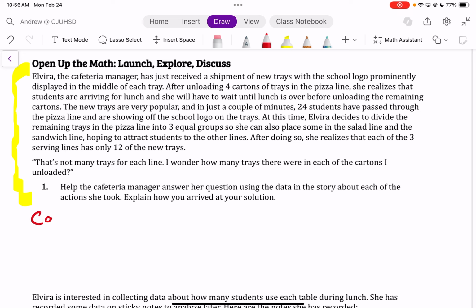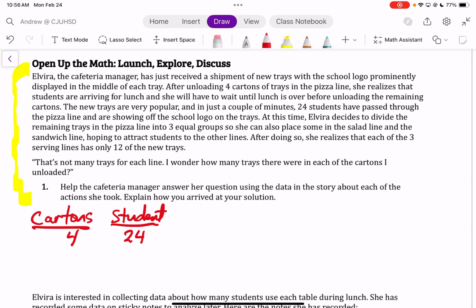There are 4 cartons. So I'm just going to make a few labels here. 4 cartons, and there were 24 students. Now, they didn't use everything out of those cartons. There are some left in there, as you can see by the later part of the story.